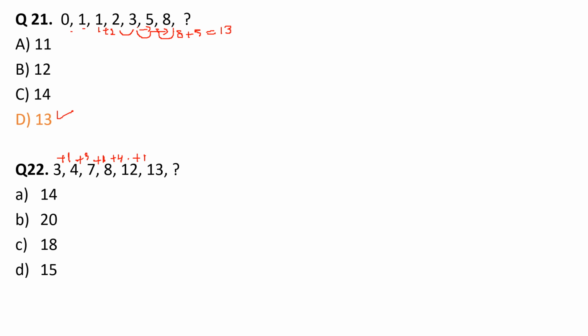So we have alternately adding 1, adding 3, adding 1, adding 4, adding 1. So this should be plus 5. So 13 plus 5 equals 18. The next number is 18.